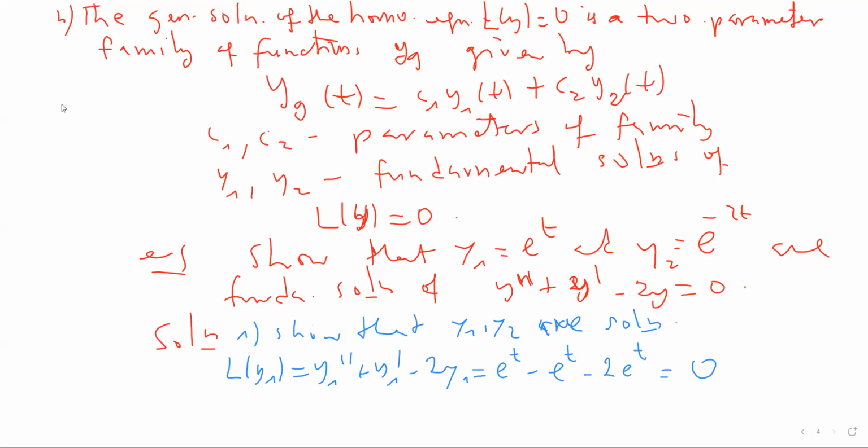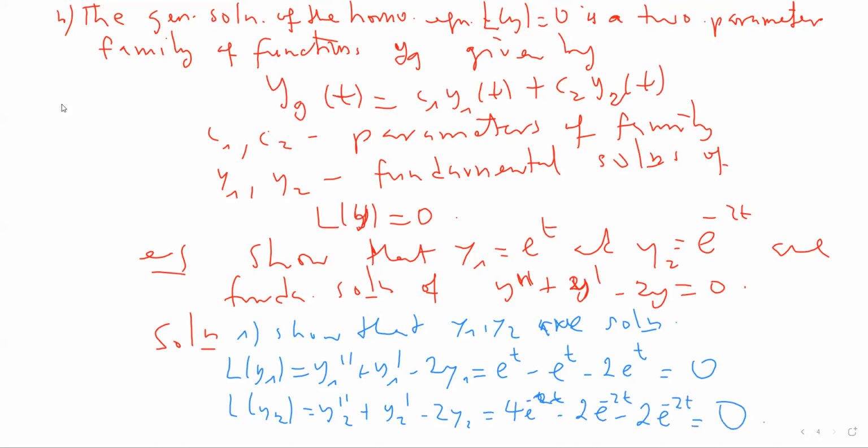Now L of y2, y2 prime prime plus y2 prime minus 2y2. And this is 4e to the minus 2t minus 2e to the power minus 2t minus 2e to the power minus 2t, and this is 0.